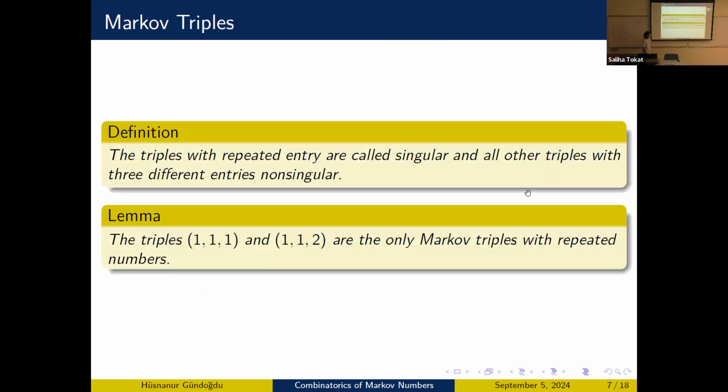We call triples with repeated numbers singular triples, and the others non-singular triples. For example, 1, 1, 1 is a singular triple. And the theorem says that 1, 1, 1 and 1, 1, 2 are the only triples with repeated numbers.